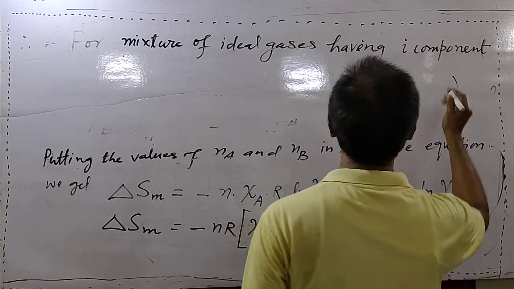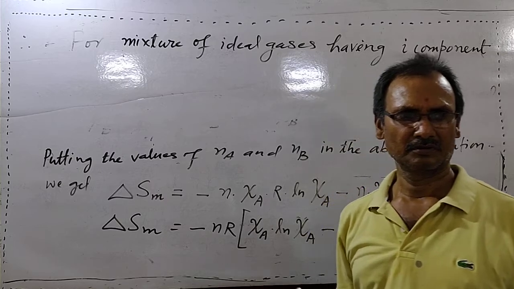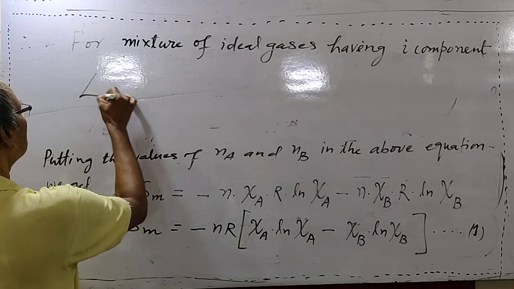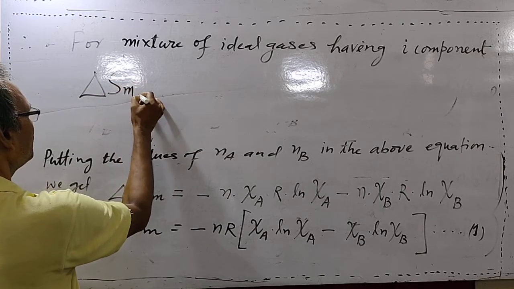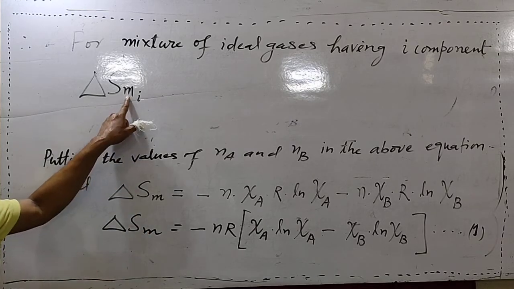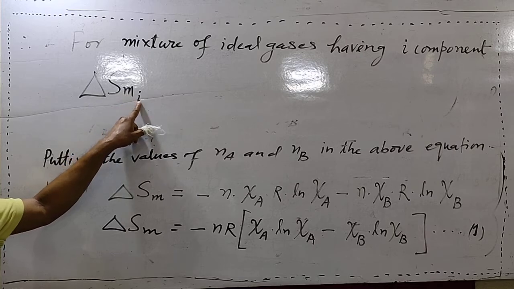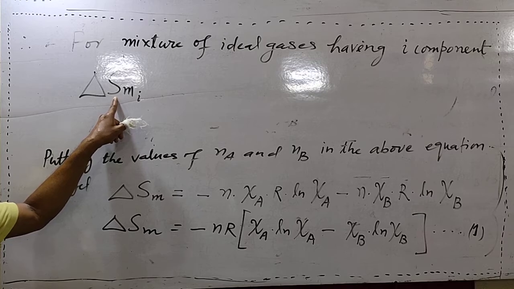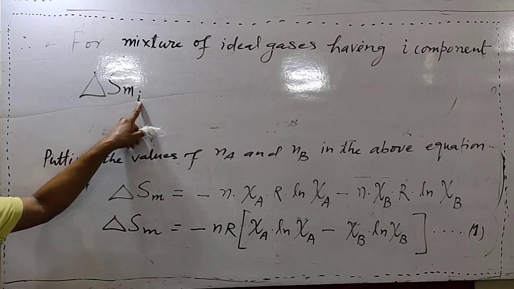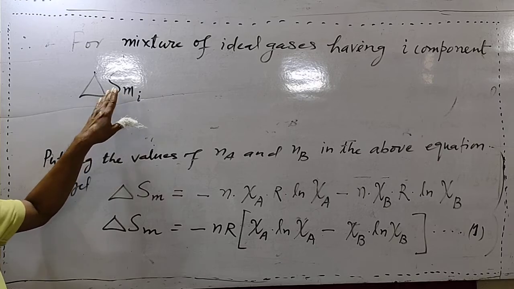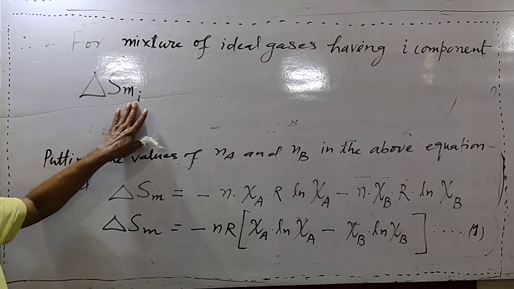Equation 1. Delta S_MI: M for mixture, I for component, the change in entropy of the I component in the mixture, or mixing of the I component.